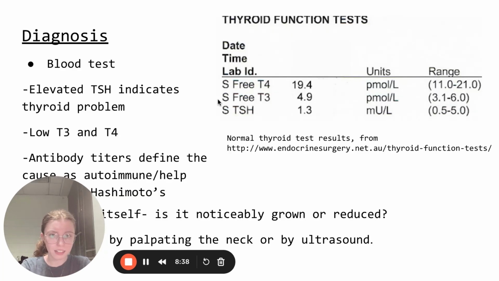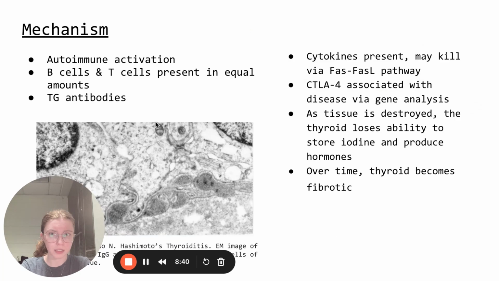You can see here kind of cut off. Oh, actually, let me go back. This electron microscopy image of tissue from a thyroid for someone with Hashimoto's thyroiditis, that these dark spots are areas that are very electron rich, and they are electron rich because of all the IgG that's just kind of lodged in there.